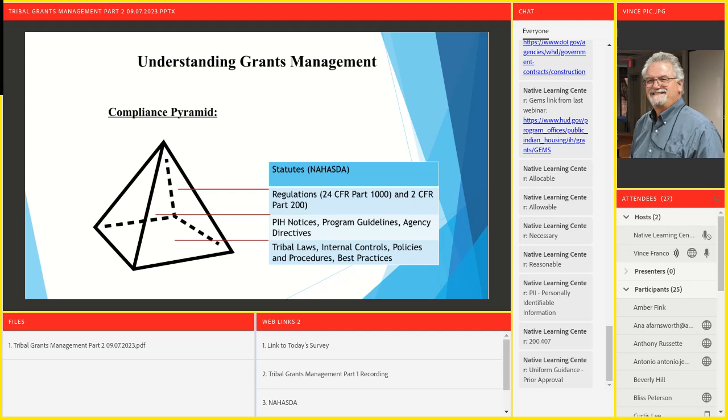No, the deal is NAHASDA is the legislation, sometimes referred to as the act. It's the law. It has created the regulations. That is the 24 CFR Part 1000 you see in front of you. Those are HUD's regulations specifically for low-income tribal housing.